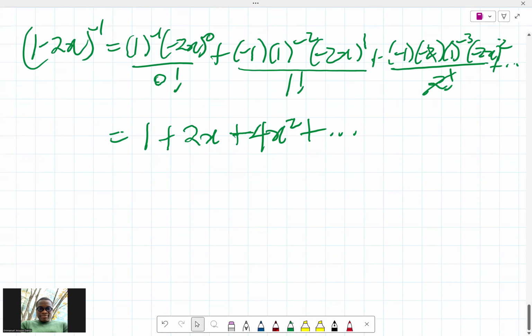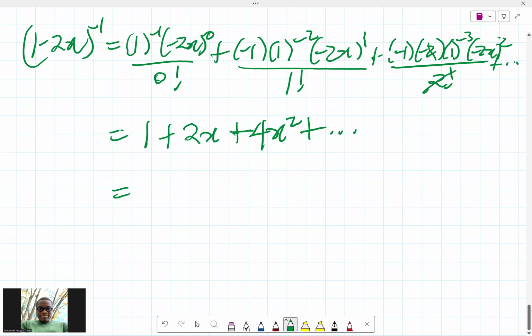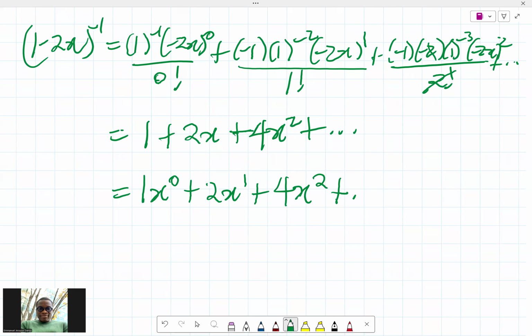If you look at the pattern, this is more like 1x raised to power 0, plus 2x raised to power 1, plus 4x raised to power 2, and so on and so forth.